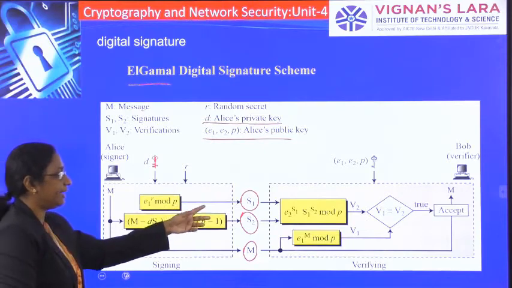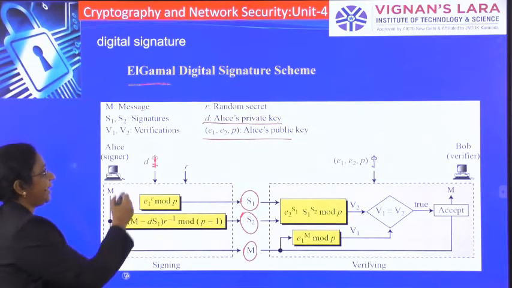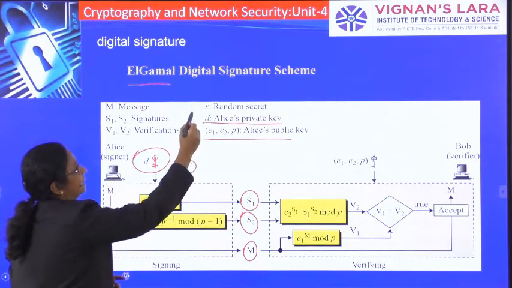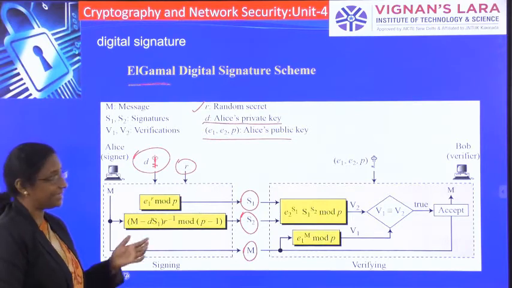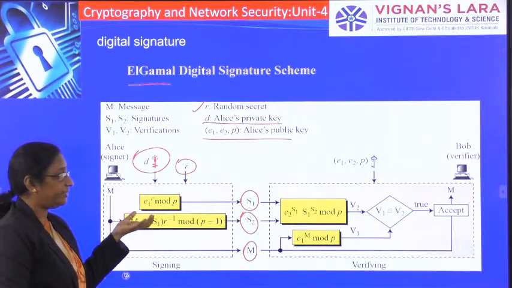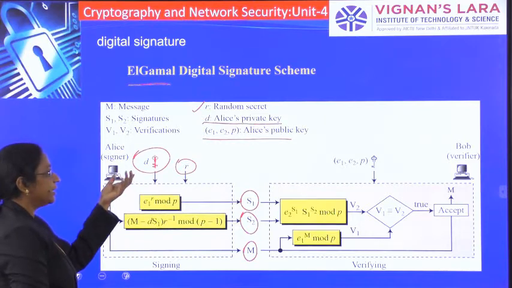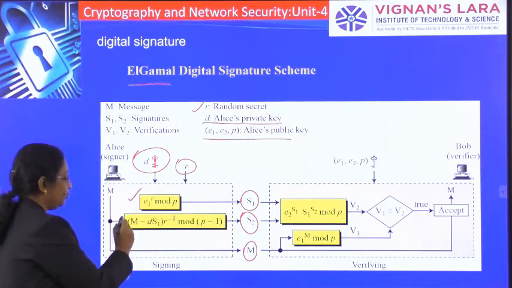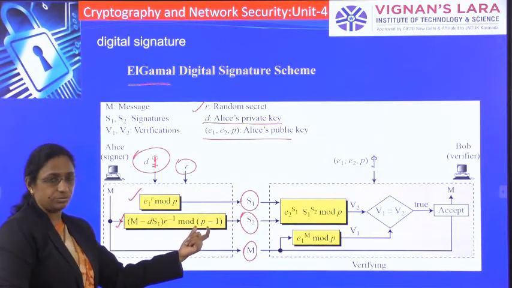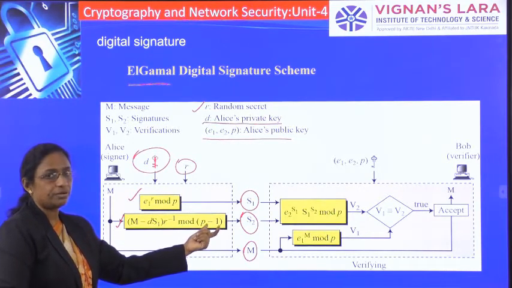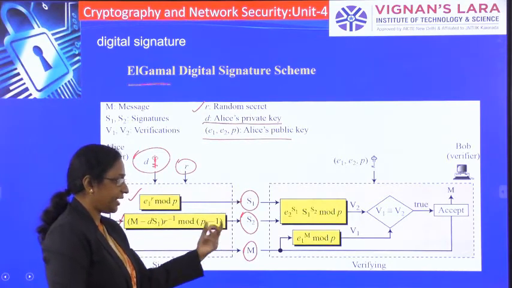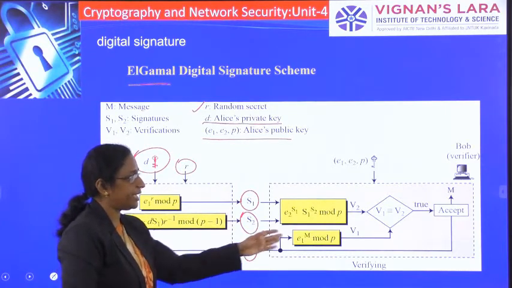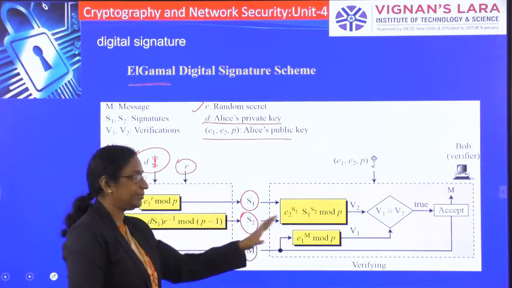For generating S1 and S2, you take the private key of the sender along with a random secret R, which is also kept secret. Taking the private key and random secret and applying these two functions, we generate the two signatures S1 and S2. After generating them, the sender sends the signatures and the message M to the receiver, Bob.